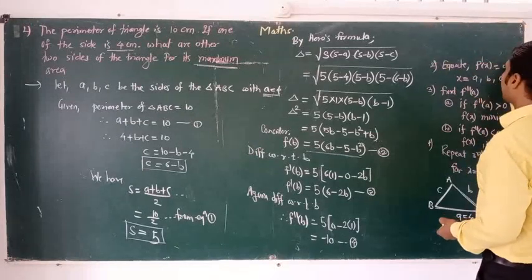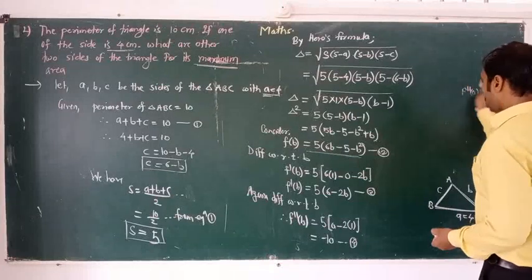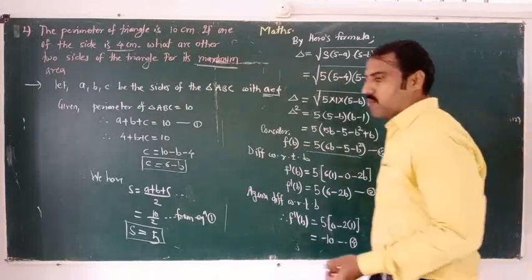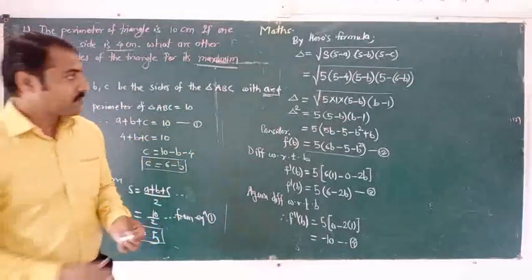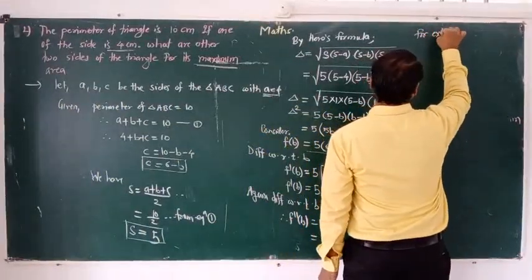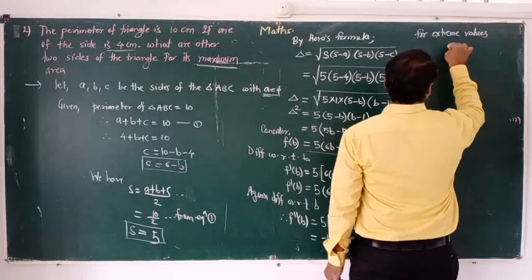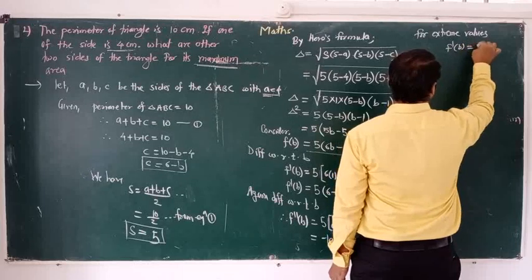Now we equate f dash of x equal to 0, for extreme values. For extreme values, f dash of b is equal to 0.